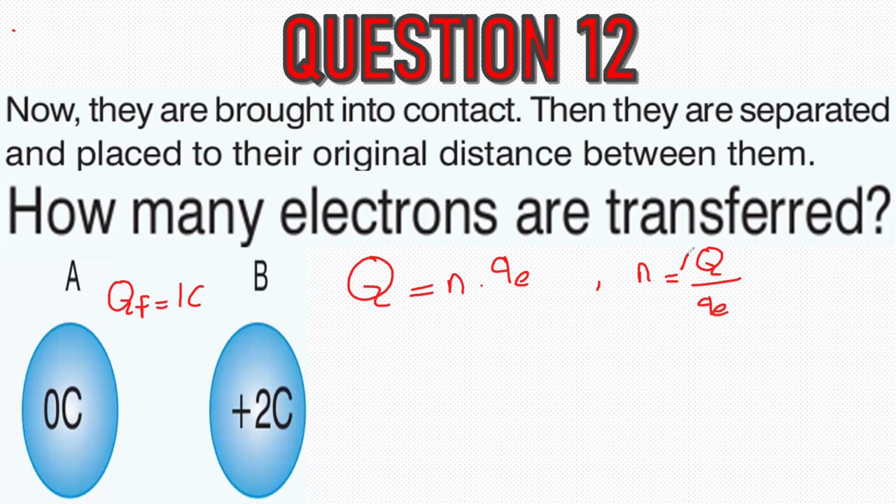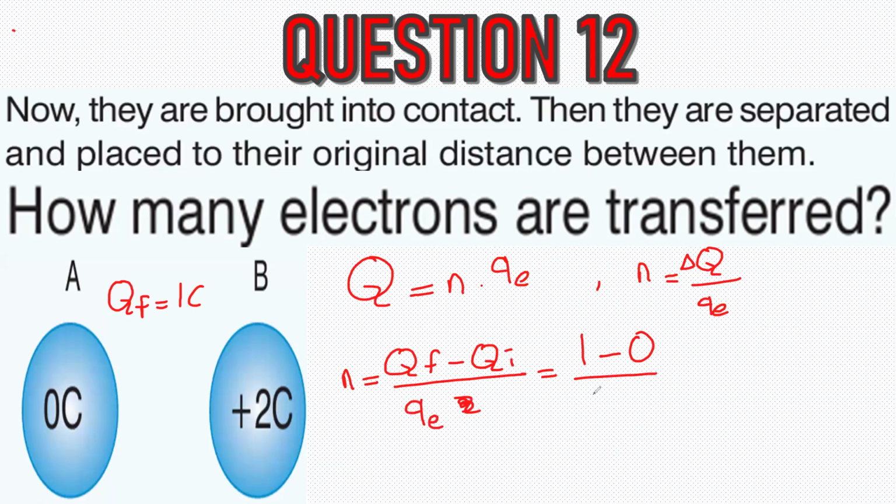But now we are going to use delta Q. So N, the number of electrons transferred, equals Q final minus Q initial over QE. We calculated Q final as 1, minus, let's use 0 to make it easy. But we made a mistake here, not 2, it is QE. Q final minus Q initial over QE, so 1 minus 0 is positive.